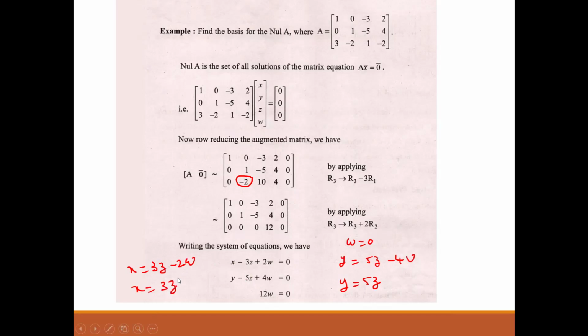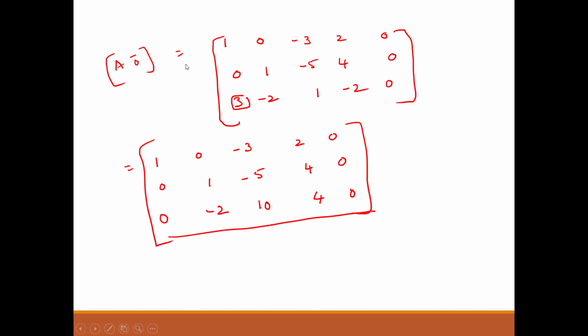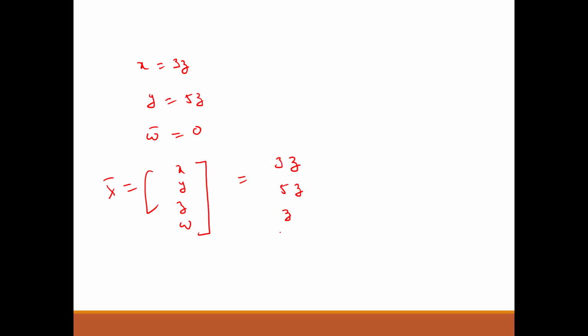So what is the equation you got? X is equal to 3z and y is equal to 5z and w is equal to 0. What is your x bar? X, y, z, w. Okay, x is 3z, y is 5z, z already there, w is 0.